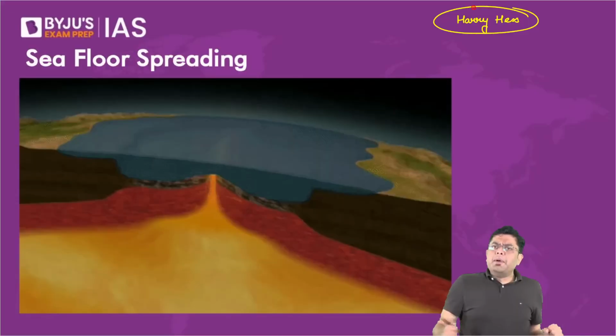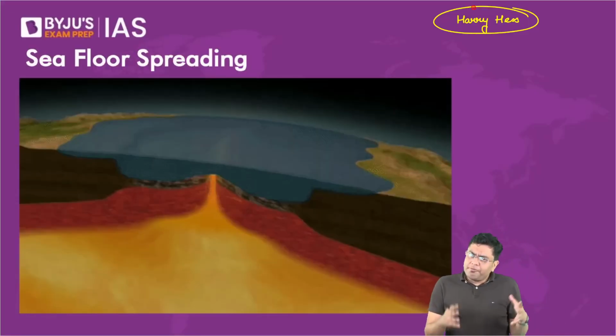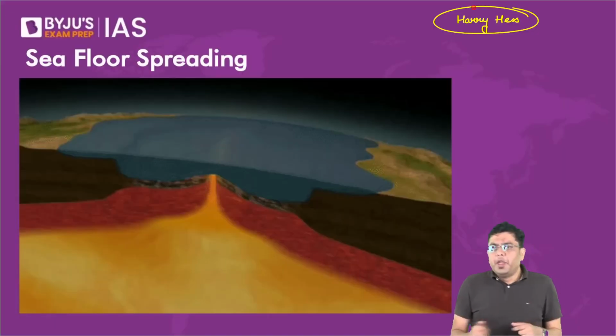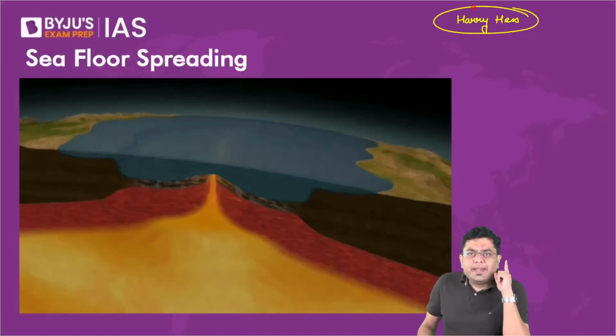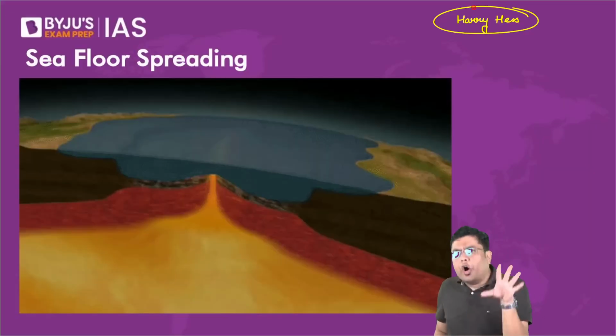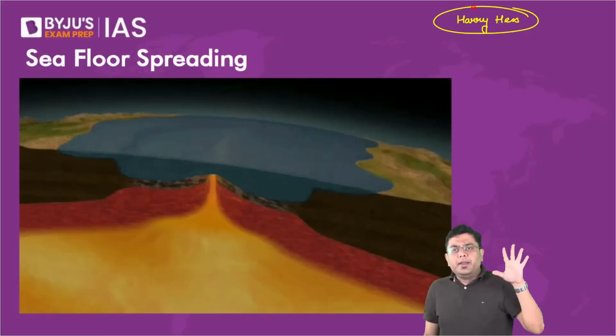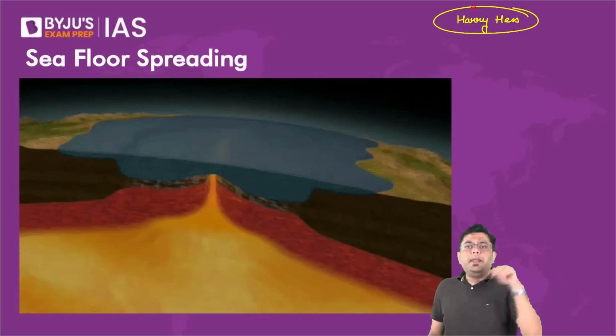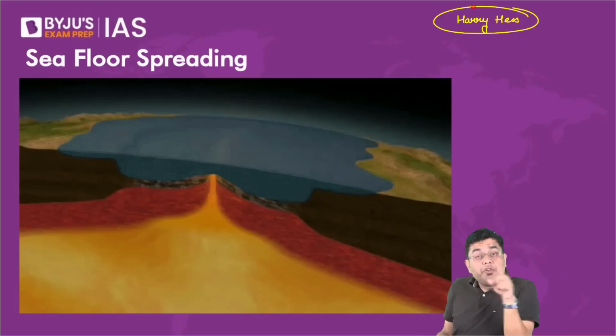He also came upon the observation that when he studied the Atlantic, nowhere across the entirety of the Atlantic seafloor could he find any rock or any sediment which was older than 200 million years. I will repeat, digest this, understand this. Nowhere could he find across the Atlantic seafloor any rock or any sediment which was older than 200 million years.